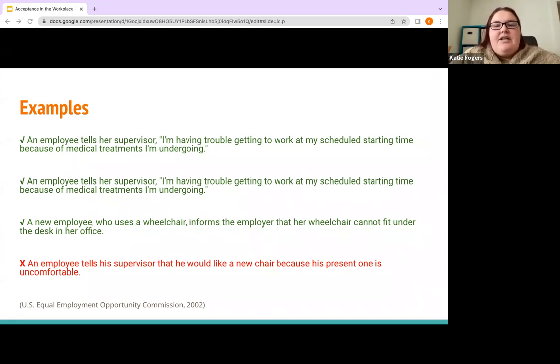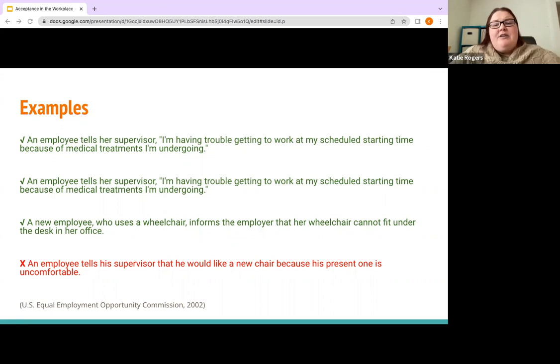Third example says, a new employee who uses a wheelchair informs the employer that her wheelchair cannot fit under the desk in her office. This is a request for a reasonable accommodation. Again, it's directly tied to a disability, and the employer would have to be able to find an alternative desk that would accommodate a wheelchair.